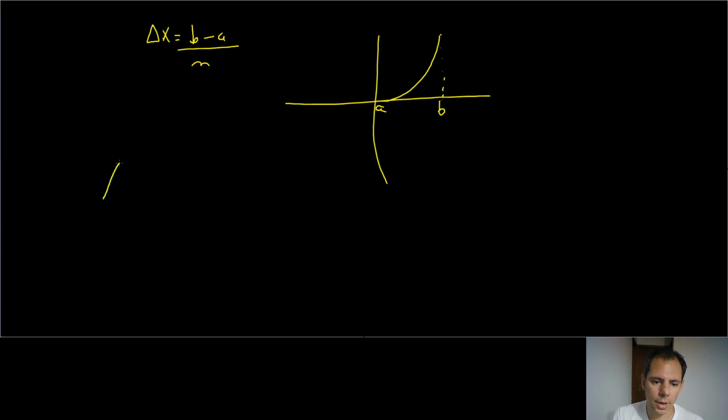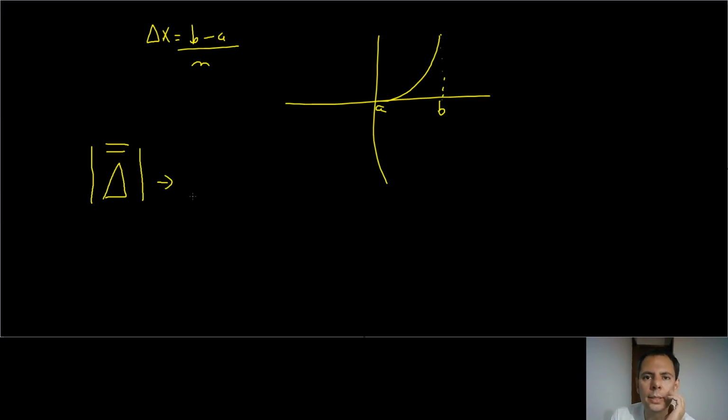So let's just say that you have something like this, and they do a double bar here. So you have a rectangle with a double bar, and you have something like this. What does this mean?